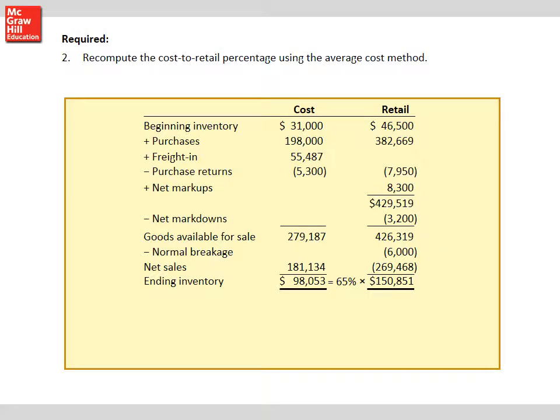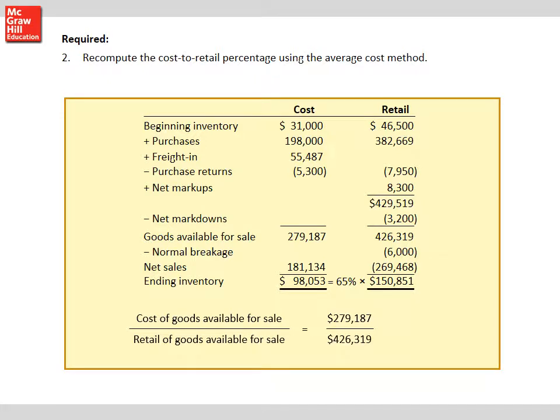Now what they want us to do in requirement 2 is the same thing, but now use the average cost method. So now you take the $279,187 and divide it by the $426,319, the retail value of the goods after net markdowns. And that will give you the 65.48%.